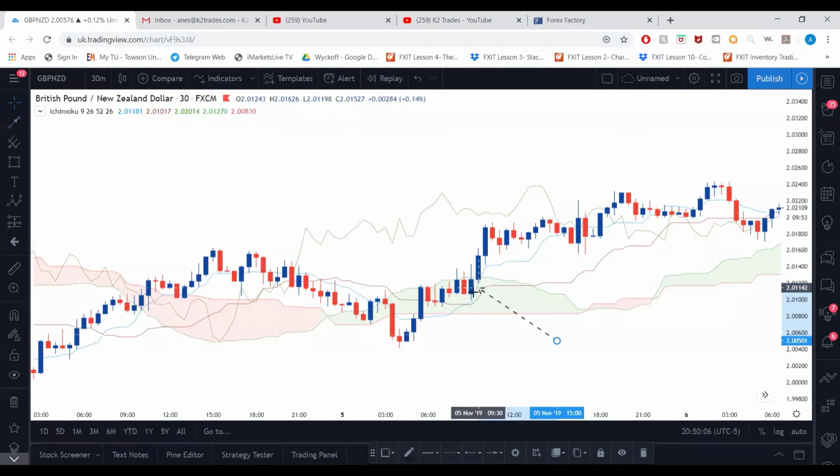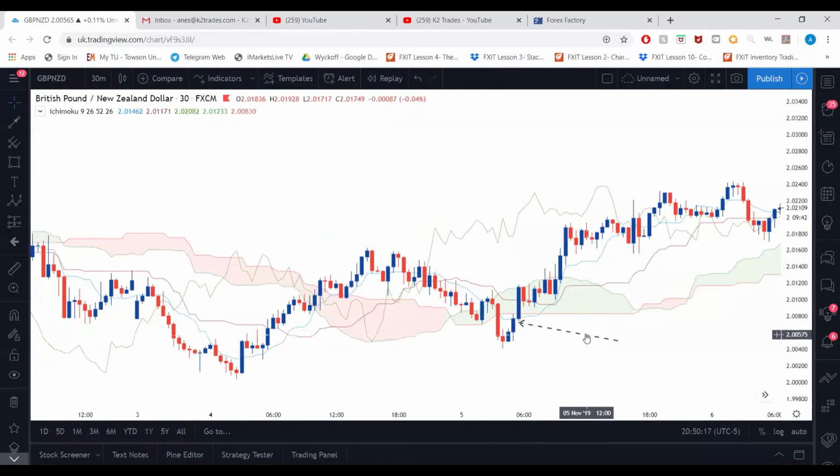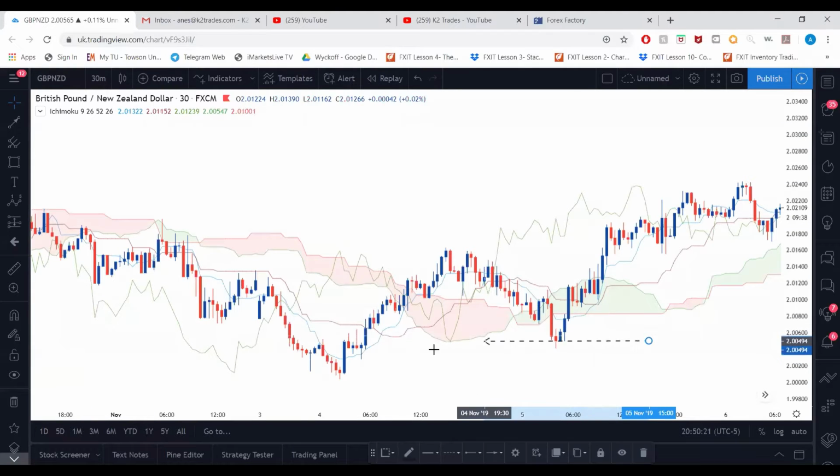Where, using the approach that I'm using, I would have probably bought here, because there was a reversal and big push up there, because this was a support right here. So it rejected the support.